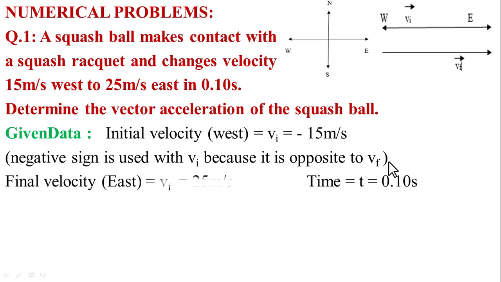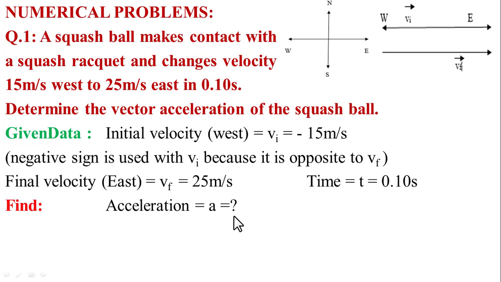Similarly, we use the final velocity in the direction of east. Vf is equal to 25 meter per second. Given time t is equal to 0.10 second. Now we can find that acceleration a is equal to question mark.